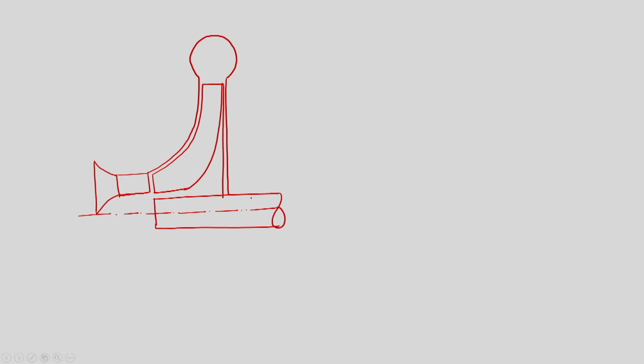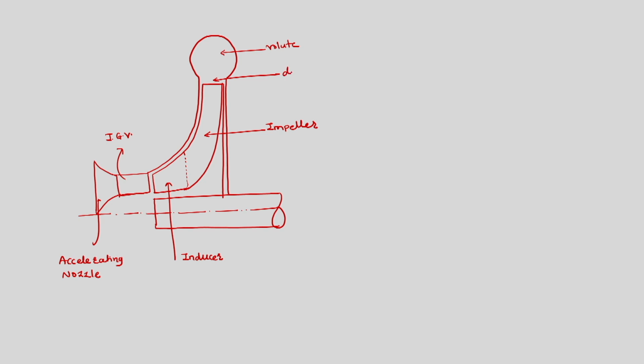This shaft is rotating, and in this case we will have this as the accelerating nozzle, this is the inlet guide vane, this is the inducer, this is the impeller, this is the volute, and this is the diffuser, this is the hub, and this is the driving shaft.